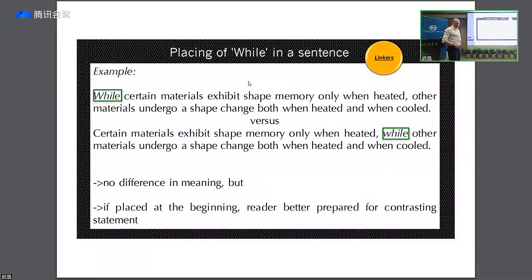Jane, the difference between while and however really depends on the context. While is used to indicate that there is a clear difference, let's say at the same level. While this dog is blue, this dog is green.